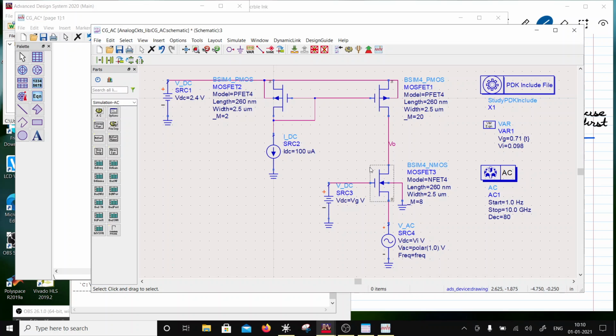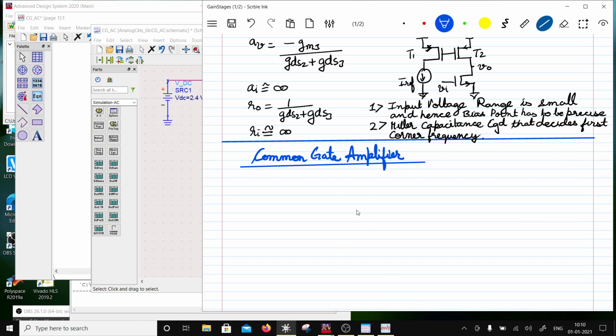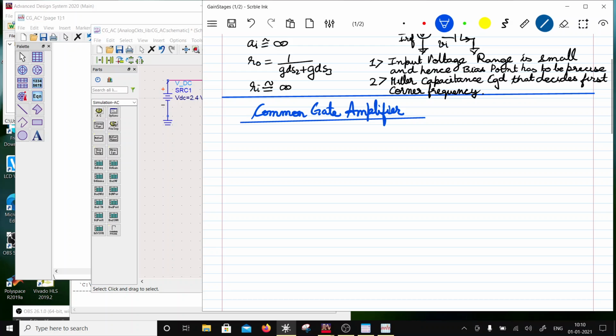Now let's do a small signal model for this one. For low frequency, I'm going to ignore all the capacitances. So what I'm going to be left with is the following.